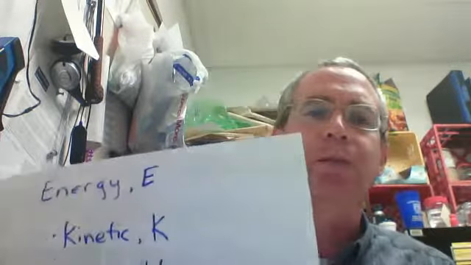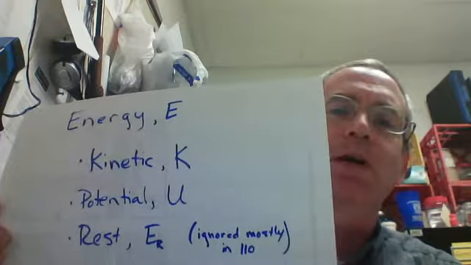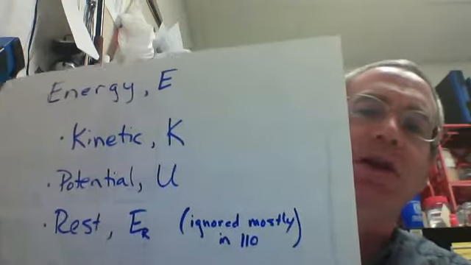That's too much writing for a physicist, so we just use the letter U. And then the last one I throw in there just for completeness is rest energy. As it's written there, it's ignored mostly in Physics 110. Rest energy really doesn't matter in classical physics. It only has any bearing whatsoever when you get into relativity and relativistic mass, the fact that the mass changes as an object gets faster.